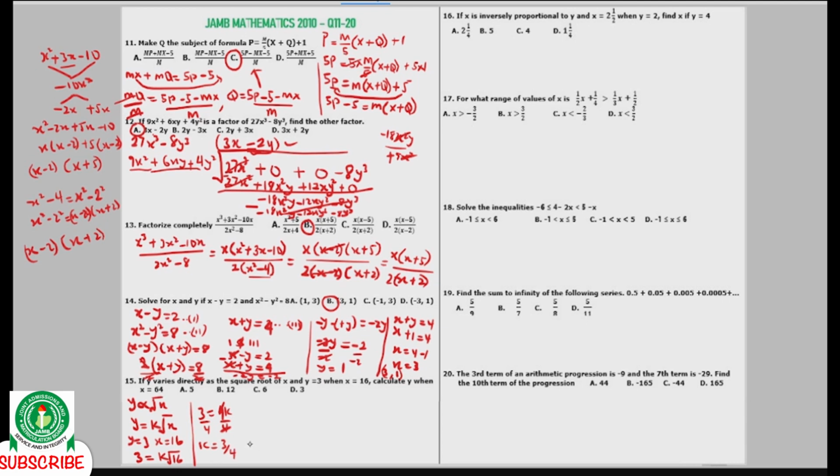Now you go back to this expression which says that y is equal to k root x. So it will now become y equal to 3 over 4 root x. So this is our expression. Note that. Now we are asked to calculate y when x is 64.